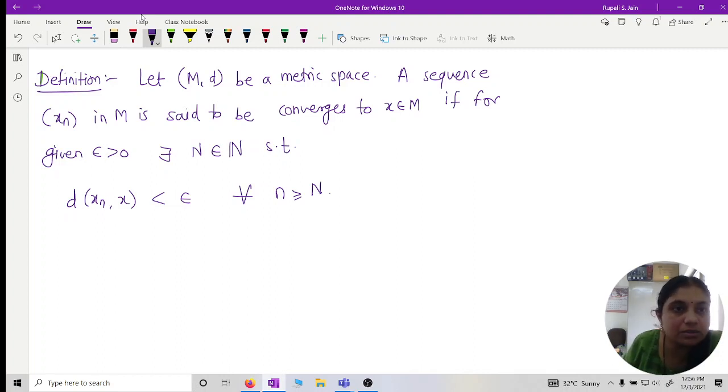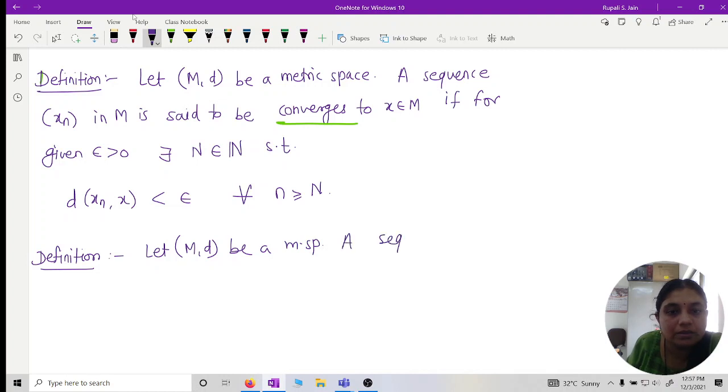Similarly, what is a Cauchy sequence? Definition: Let (M, d) be a metric space.